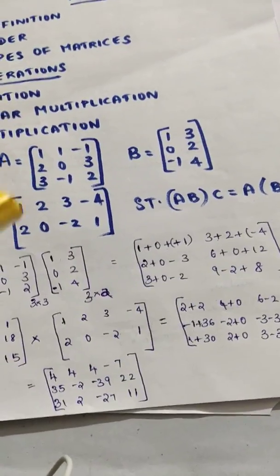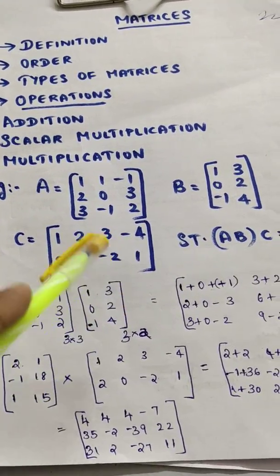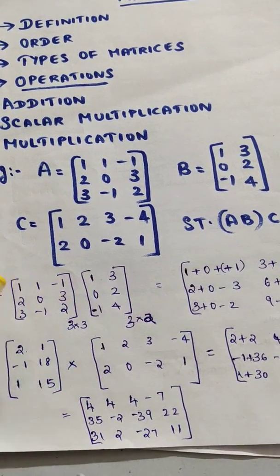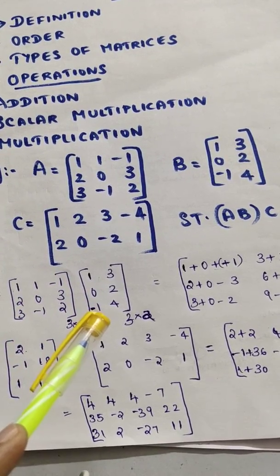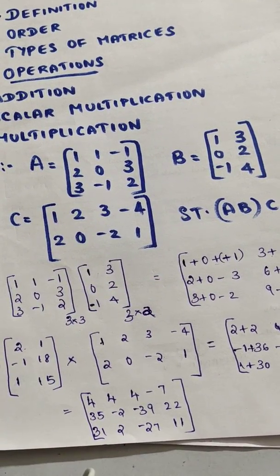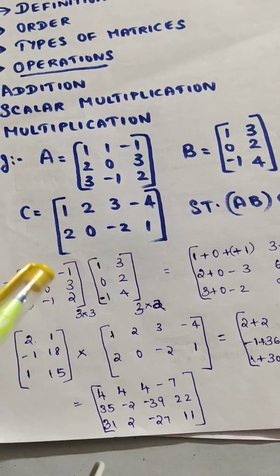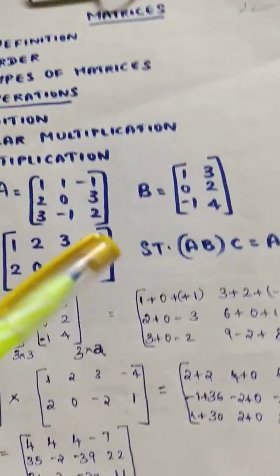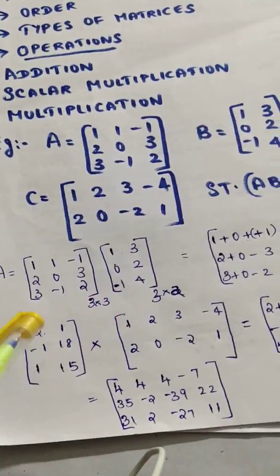Okay, so let us do the multiplication. First row is multiplied with the first column. So you have 1 into 1 plus 1 into 0 plus minus 1 into minus 1, which will give you 2. Now moving to the second column: 1 into 3 plus 1 into 2 plus minus 1 into 4. So 3 plus 2 minus 4, which will give you the element 1.